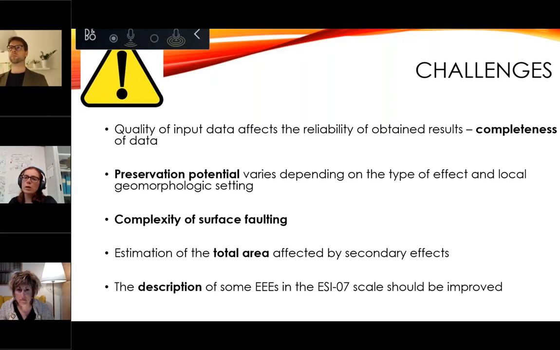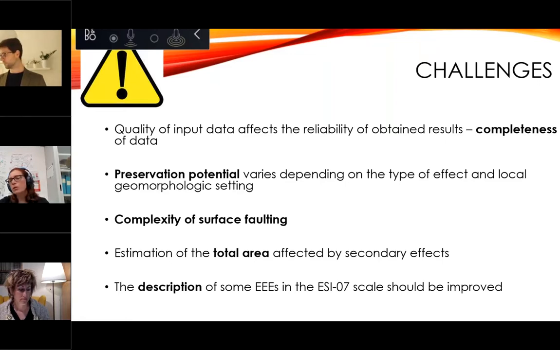So there is an issue related with the completeness of the input data. And of course, the amount of information for an earthquake that occurs today should be higher than for an earthquake that occurred, let's say, 200 years ago.